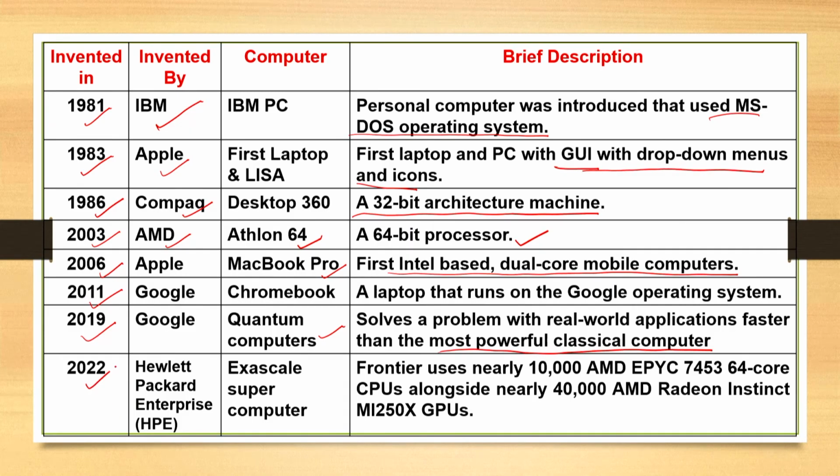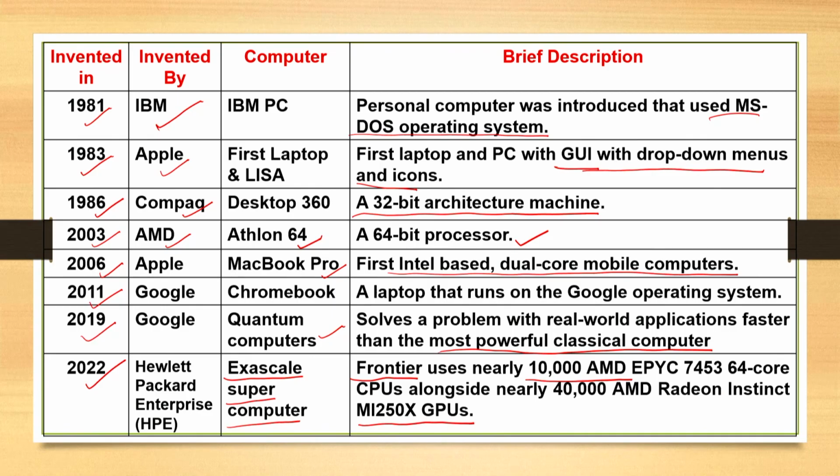In 2022, Hewlett Packard Enterprise developed exascale supercomputer, that is Frontier. Frontier uses nearly 10,000 AMD EPYC 7A53 64 core CPUs along with nearly 40,000 AMD Radeon Instinct MI250X GPUs.